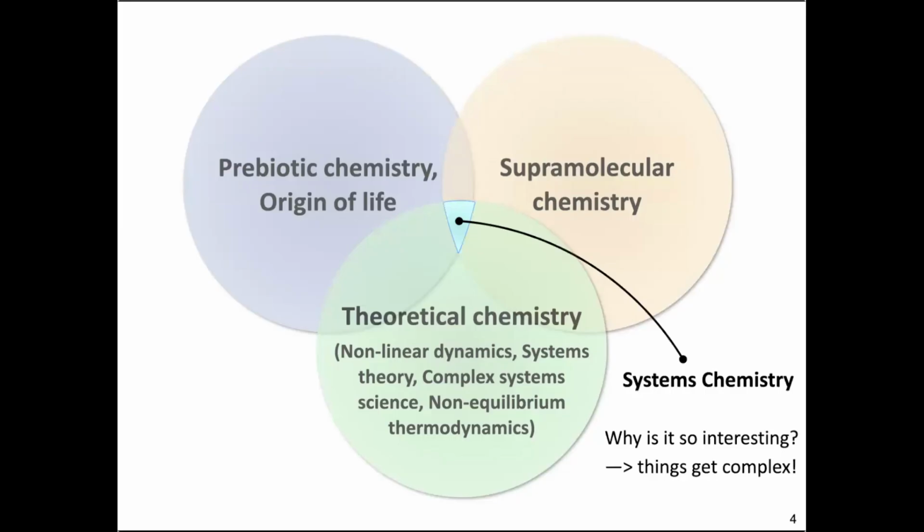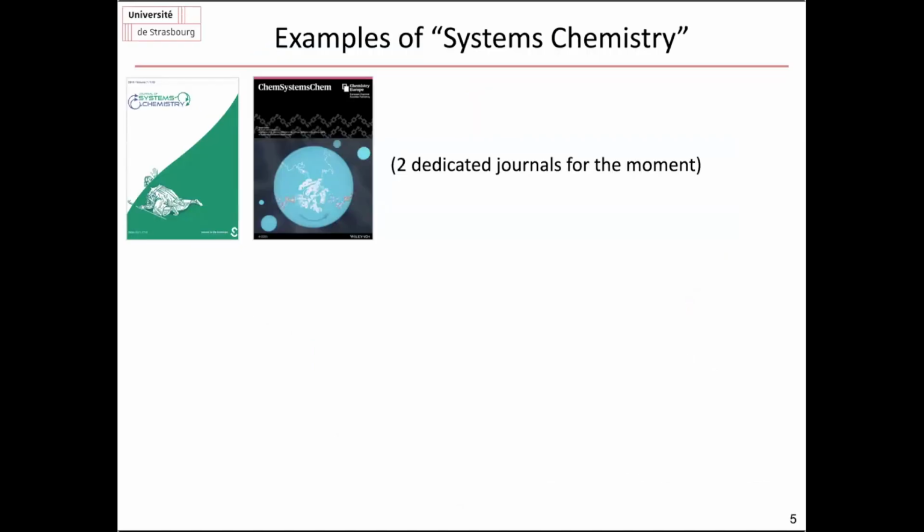So why is this so interesting? Because things get complex. And complex and complicated are two very different things, as we will see later in this class. So there are already some journals on systems chemistry. So there's the Journal of Systems Chemistry, and there's ChemSystemsChem, just two dedicated journals for the moment.